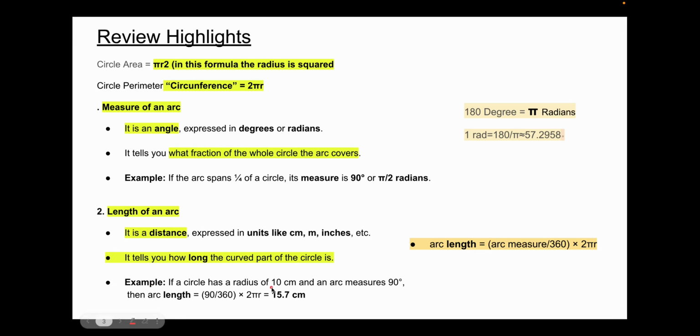Example, if a circle has a radius of 10 centimeters and an arc measures 90 degrees, the arc length is 90 divided by 360, which gives me the portion of the total circular angle, times 2 pi r, which is the formula for the perimeter, the circumference of a circle.